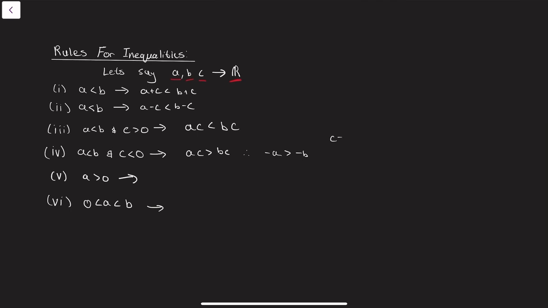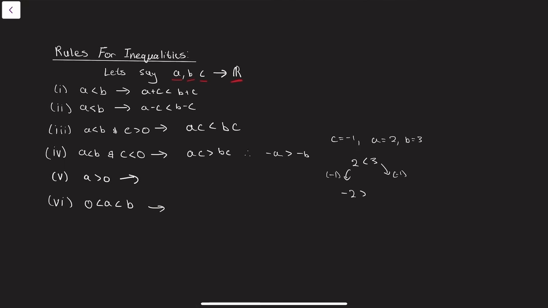If you have, let's say, C equal to -1, A being equal to 2, B is equal to 3, we know right away that 2 is less than 3. But if we multiply both sides by -1, we introduce the C, then we get -2, and that has to be bigger than -3. So that makes sense that we'd have a sign switch when we multiply by a negative scalar.